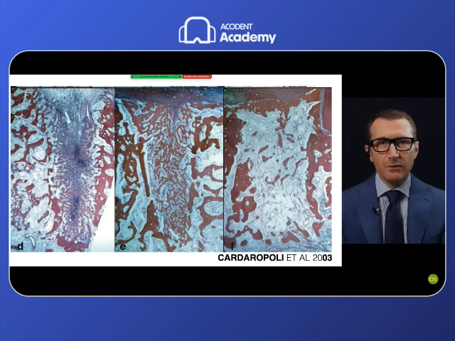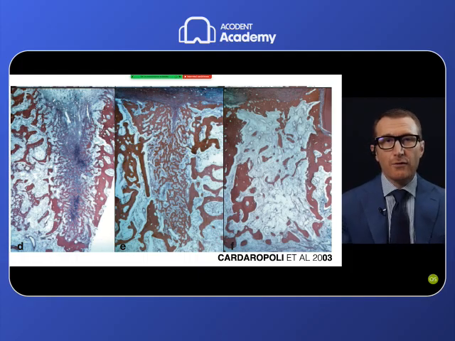And it's obvious that if you are looking here, particularly at the left histology, you see that in the middle part and apical part, we have already a full bone formation of that area. And this is just related to the fact that the distance is smaller compared to the coronal part, where the distance is increased due to the anatomy of the root, and we need more time to get the bone formation in that area.